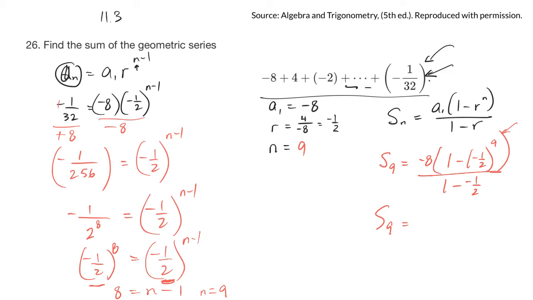I'll times that by negative 8, gives me that, and then I'll divide that by, in brackets, 1 plus 1/2 equals. So it says negative 171 over 32. I might have done something wrong on the calculator, but I think that would be the correct answer there.